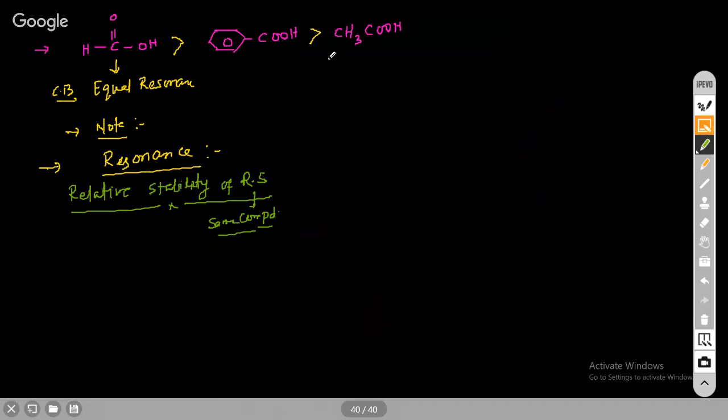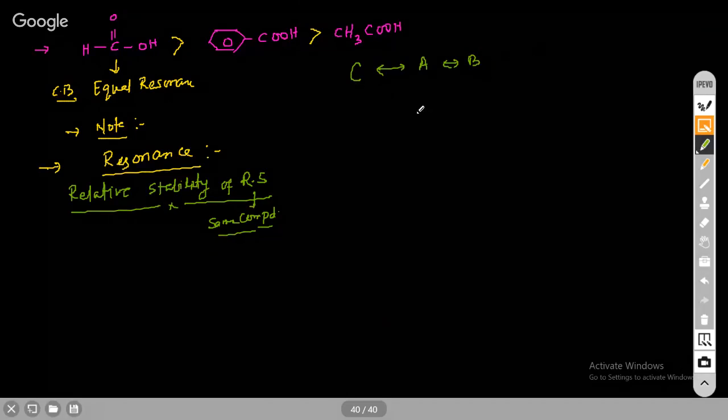Suppose I don't want to draw the resonating structures again, because you already know that and it will waste our time. The point is, suppose we have any compound C, and with this C we can draw A, B resonating structures like this.